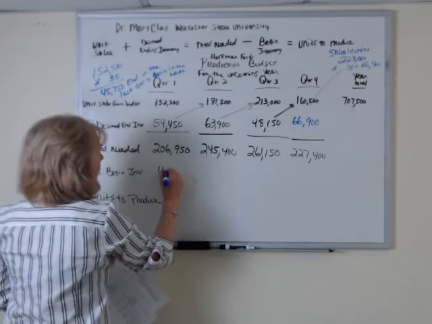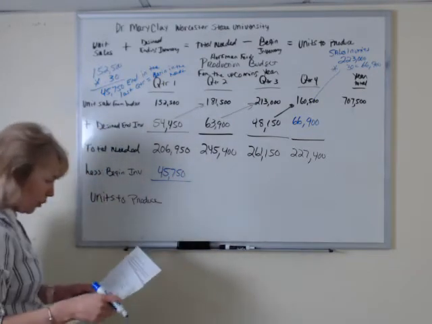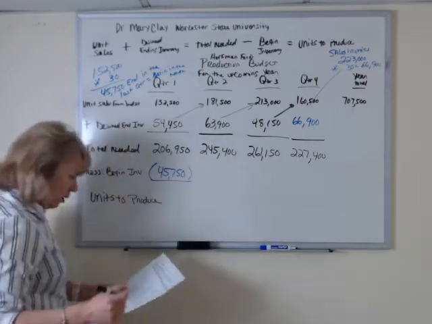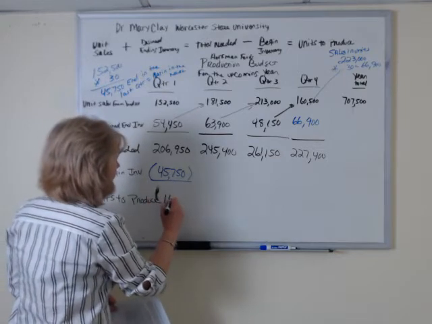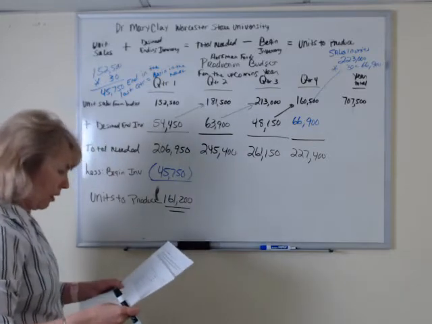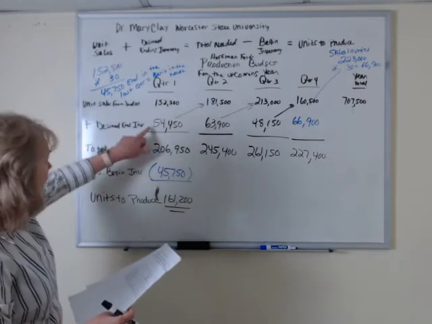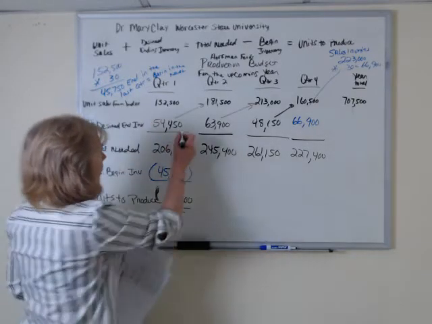I just bring that down, 45,750. Okay, and I'm going to subtract that. All right, now let me grab my black, which is 161. So the units to produce, 161,200. That's my final total. Okay? All right, so remember, my ending inventory from the prior period, I'm just going to bring that right down.